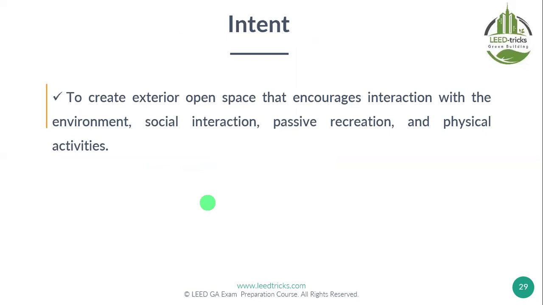The next credit is open space. It might be related to site development, protect and restore habitat, because in this credit you emphasize open space, open area without development, with green area or with landscape and hardscape. This is open space in LEED. The previous credit, protect and restore habitat, protects the green areas with their living ecosystems, so there is a connection here.